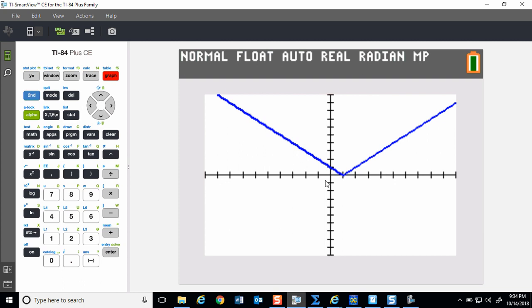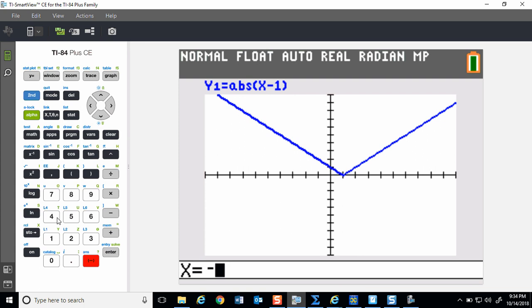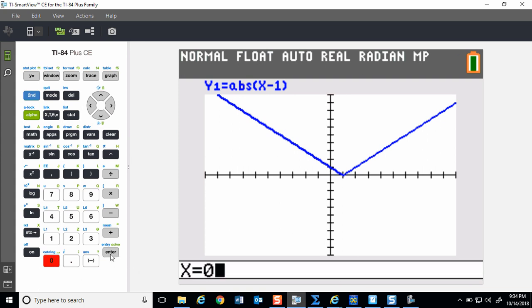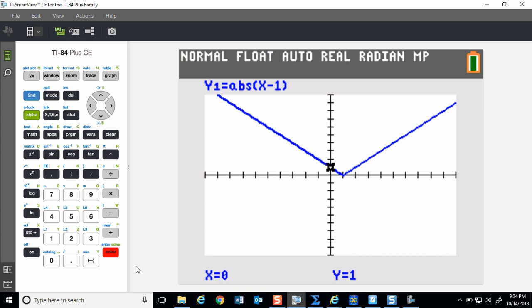All right. So again, if we wanted any values on here, just particular ones, we could just hit trace, and I could type in -4, and it'd give me my output. I could type 0 for the input. 1 is the output, and I could type 3 and get 2. And again, I could look at the table.